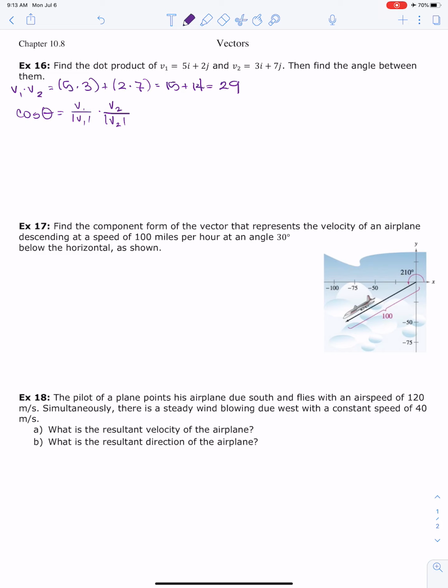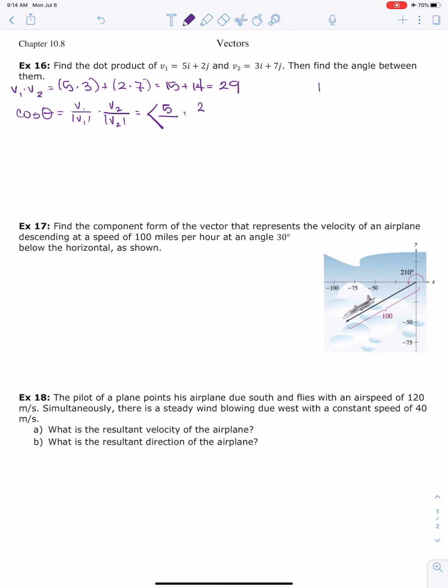I chose to use the vector form. So my v sub 1 is 5, 2. We're going to divide both of those by the magnitude of v sub 1, which I haven't found yet.